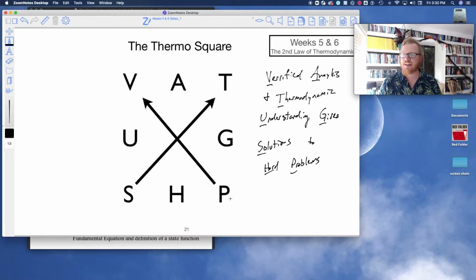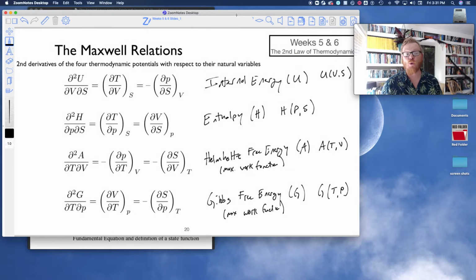And honestly, now that's the only thing that I can remember. So however you want to remember it, VAT, UG, SHIP, verified analysis of thermodynamic understanding gives solutions to hard problems, or you come up with your own. Any way you want to do it, memorize this, commit this to memory, and you will be able to recall all of these relationships.